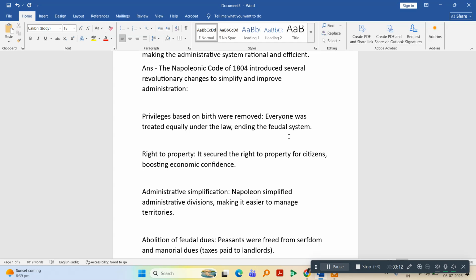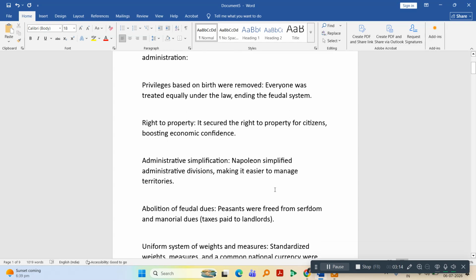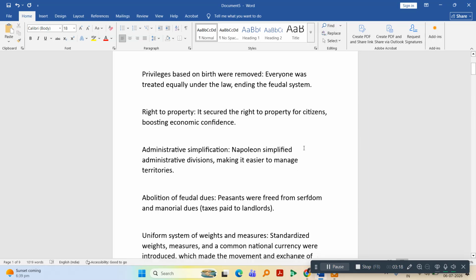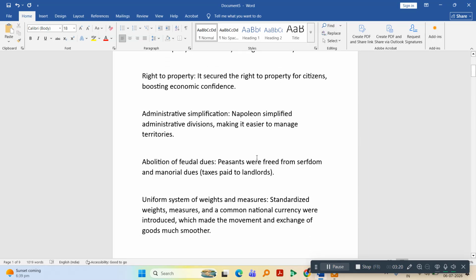Abolition of feudal dues. Peasants were freed from serfdom and manorial dues, and from taxes paid to landlords. The fifth point is a uniform system of weights and measures. Standardized weights and measures, and a common national currency were introduced, which made the movement and exchange of goods much smoother.